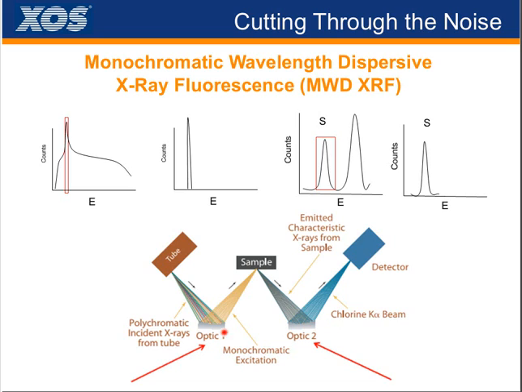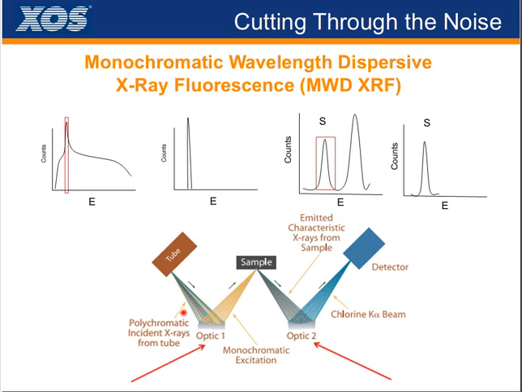Because on the front end here, we're taking what would be a polychromatic tube, a polychromatic X-ray source, and we're focusing it through a first optic here. And that optic is a doubly curved crystal. And so what that does is it's curved at the right angle. So when the X-rays hit it, they're pushed off and they're in a single energy band before they go to the sample.